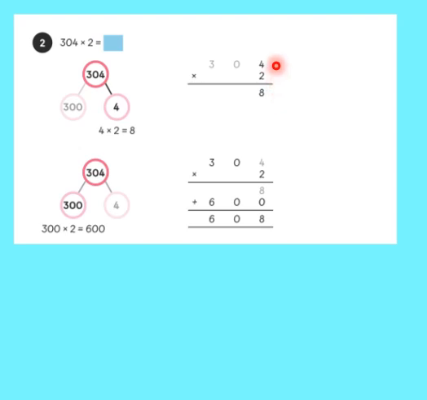I've got 4 1s, I times them by 2, and that will give me 8. Now I can deal with the 300. So my 300 times 2 will give me 600. And then I can add them together, and that will give me 608.